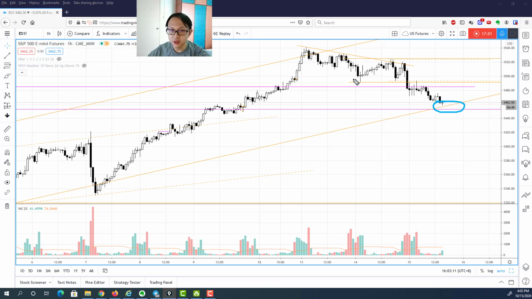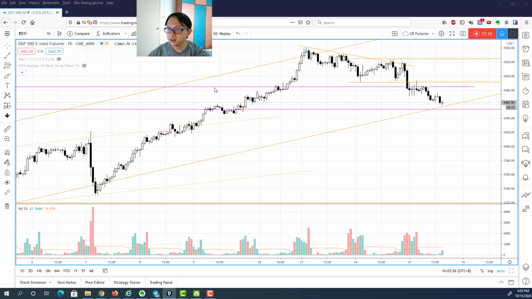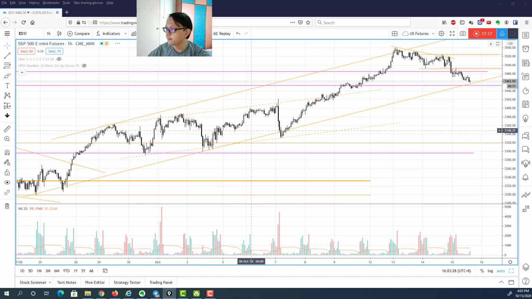And for the immediate resistance level, close to 3500, and then the next level 3540. And I still believe that this downswing for the current pullback at the moment is still a test of the larger up move. So we have this large up move, climactic up move, touching the up channel overbought, and subsequently have a test going on.